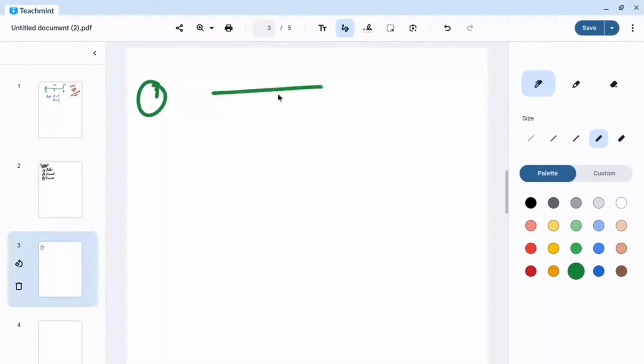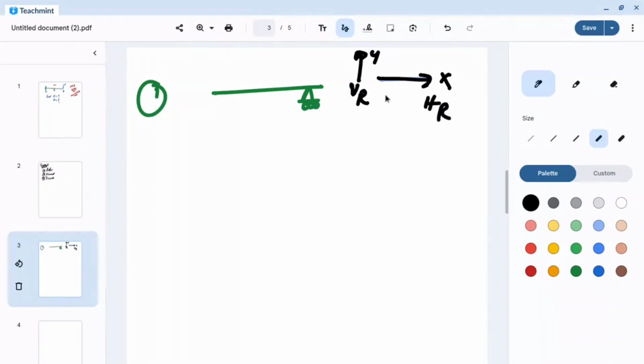Suppose we take a beam with a roller support. See, we take 2D, not 3D. Here x, here y. The reactions are: horizontal reaction and vertical reaction.